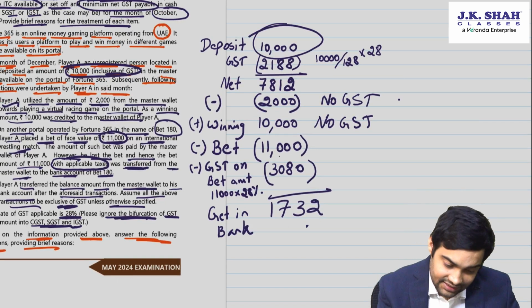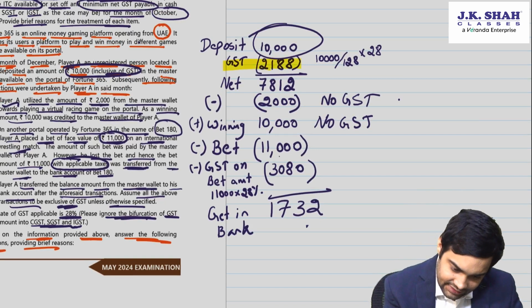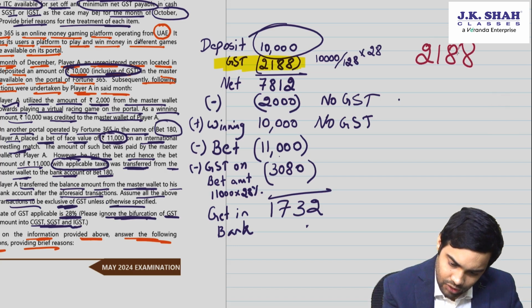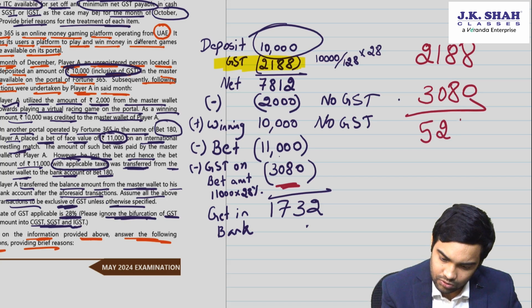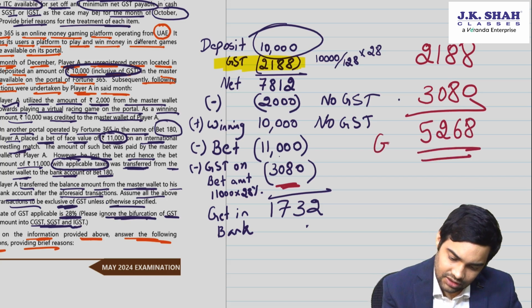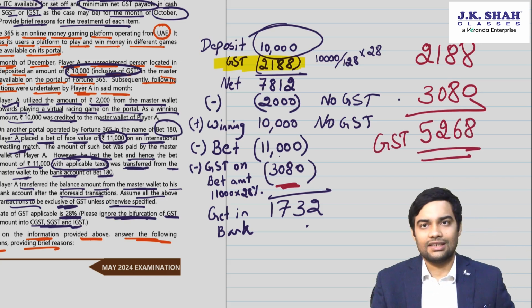And what is the GST? Two GSTs. One is on the deposit amount, 2188. How much has government earned on the bet amount? 3080. So 2188 plus 3080 will be 5,268. This is the total GST on transactions.